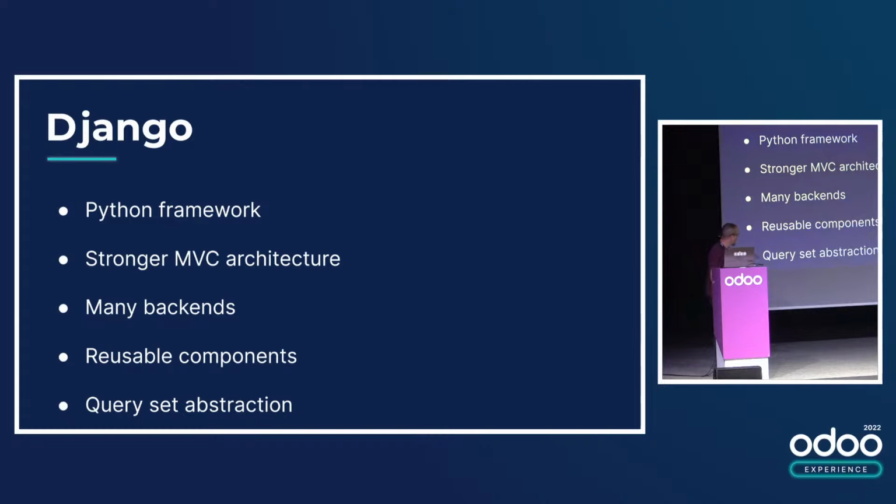One thing where Django is far superior to Odoo is that it has many more backends. We can only deal with PostgreSQL. If you go for Django, you can use MySQL, Oracle, whatever you name it, they usually have the backend implemented for it.